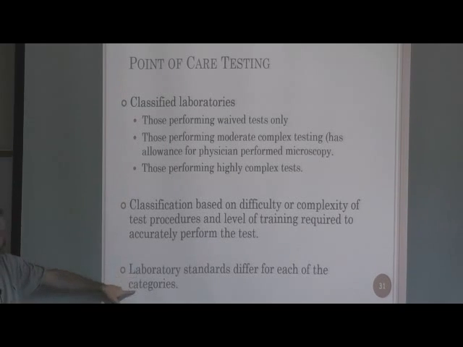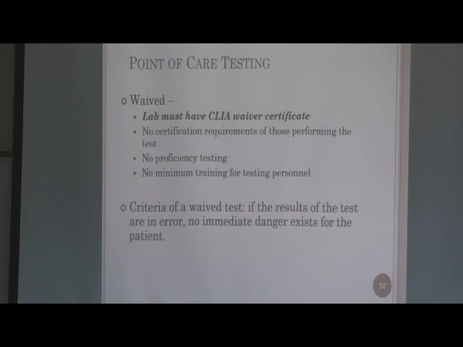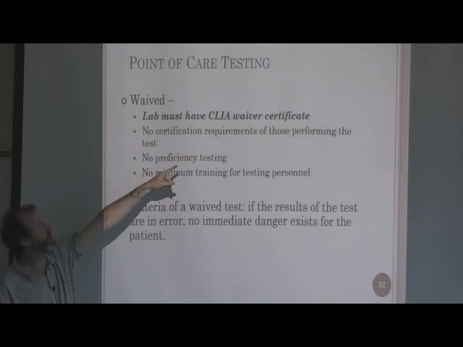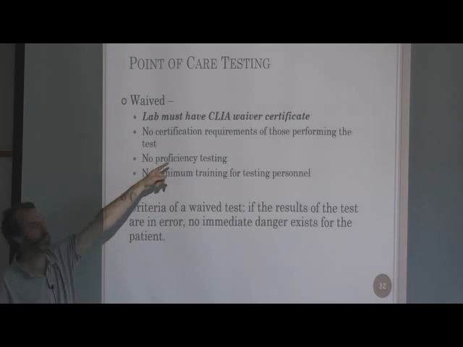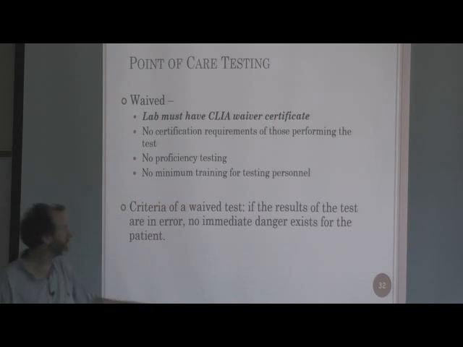Laboratory standards differ for each of these categories. For the waived test, you don't need to be in an accredited lab, basically. There are no certification requirements for those performing the test. The lab must have a CLIA waiver certificate. No proficiency testing is done on these labs, and there's no minimum training for the test personnel.